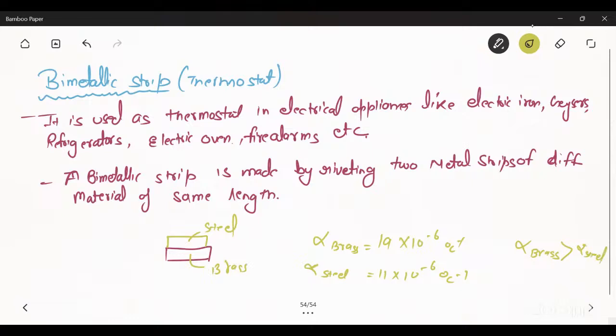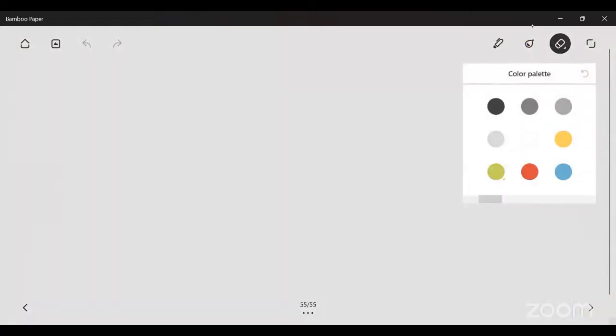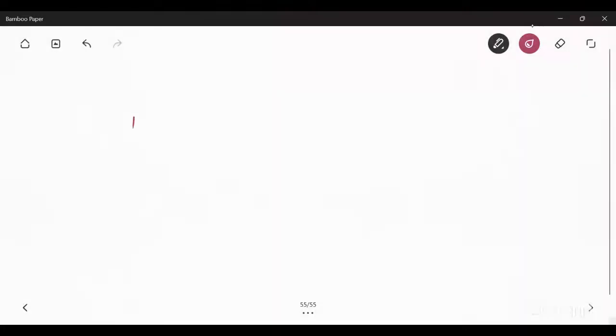That means expansion in brass is more than expansion in steel. So what will happen when we increase the temperature of the bimetallic strip? It will bend.